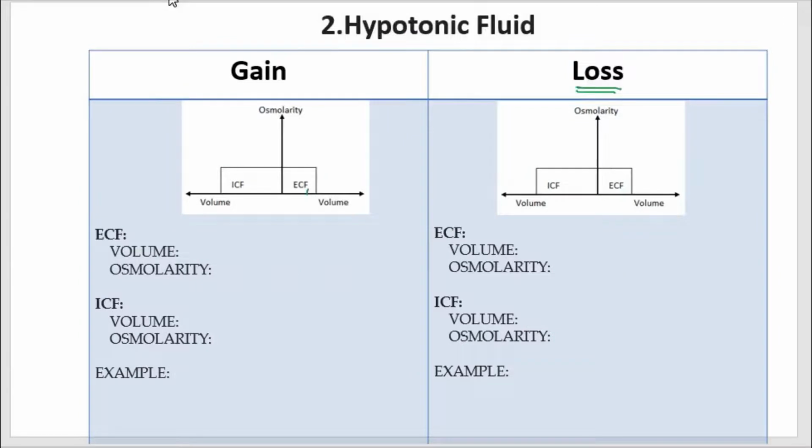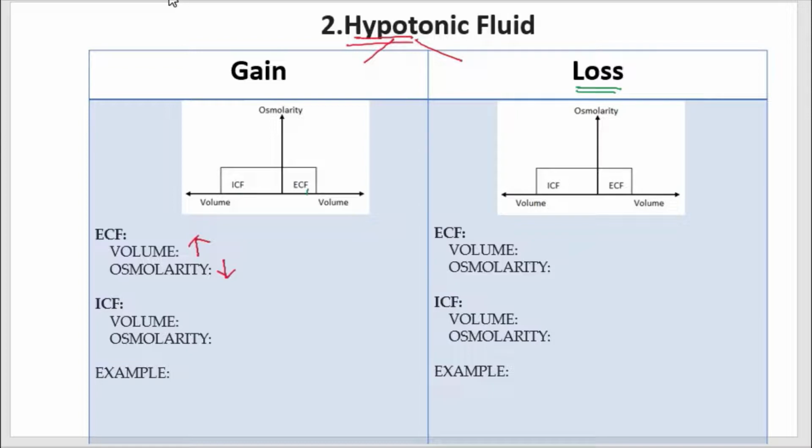Next is the hypotonic fluid gain and loss. When we are dealing with hypotonic fluid gain, when the hypotonic solution comes inside the ECF, the ECF volume is going to increase, and because the solution is hypotonic, the final osmolarity of the ECF is going to decrease.